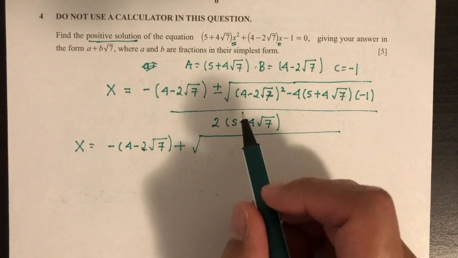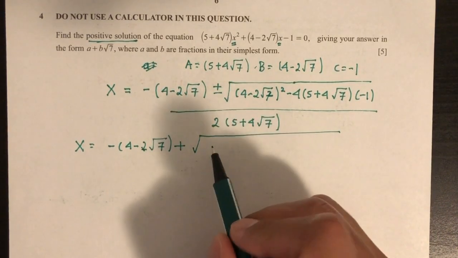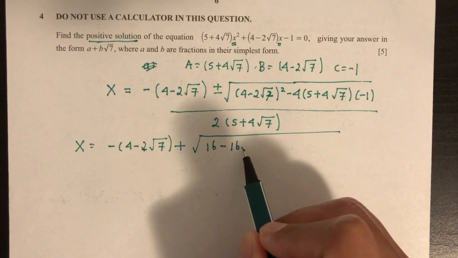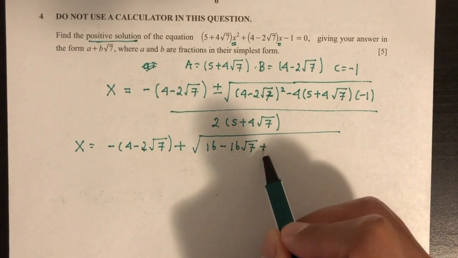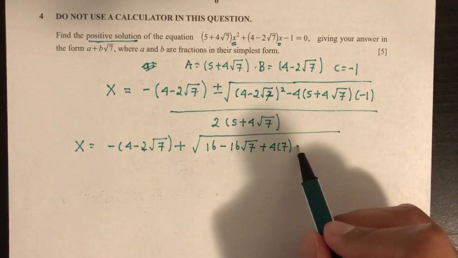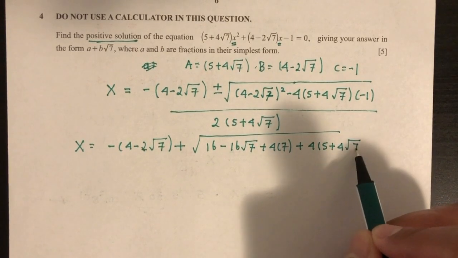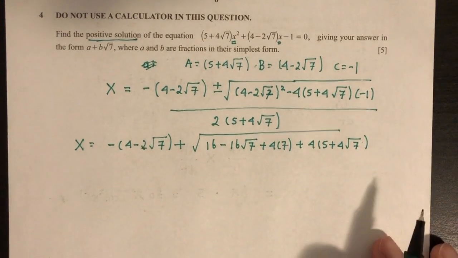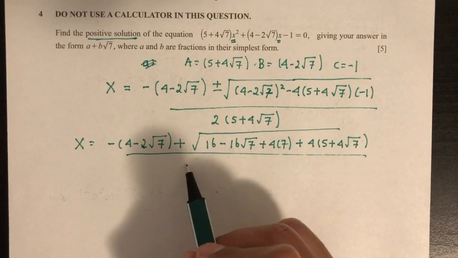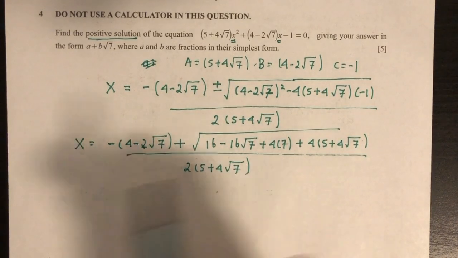If you expand this, we will have 16 minus 16 this plus 4 times 7. And then here we will have plus 4, 5 plus this 7 over 2, 5, 4, the same thing, right?